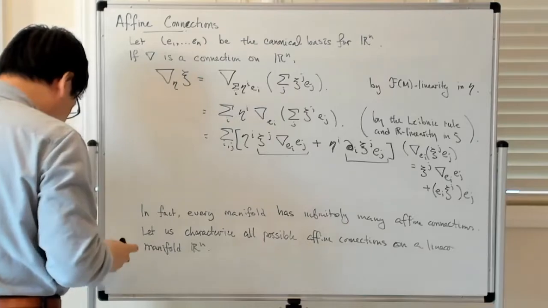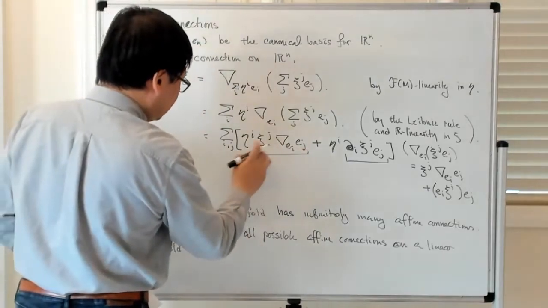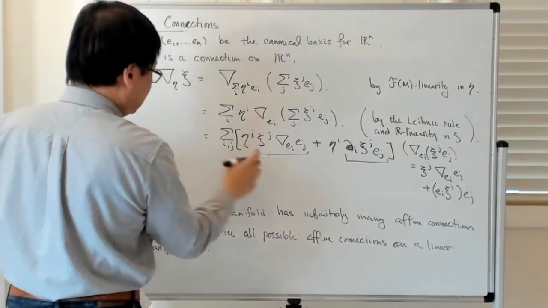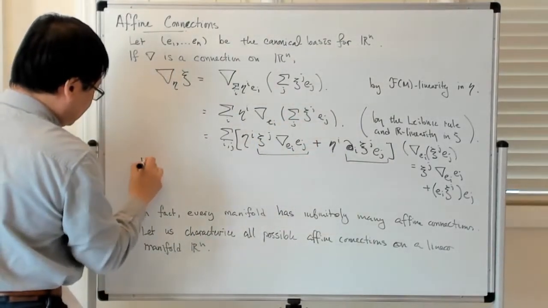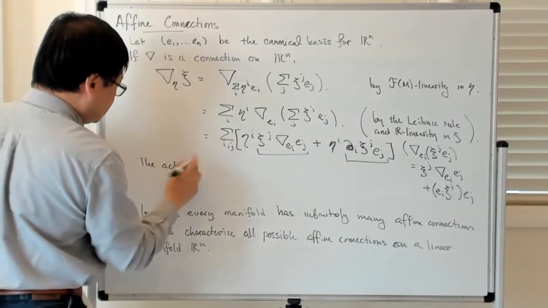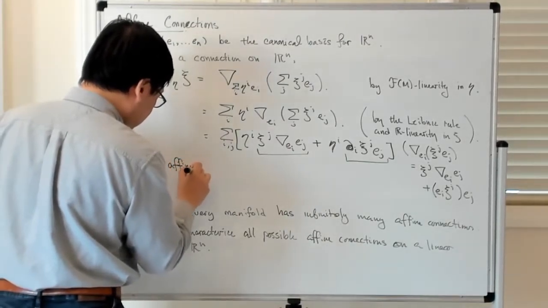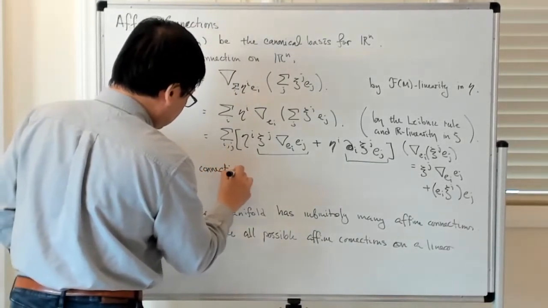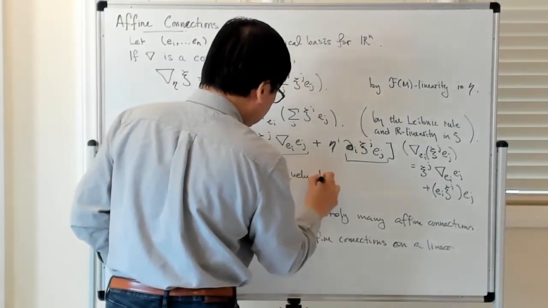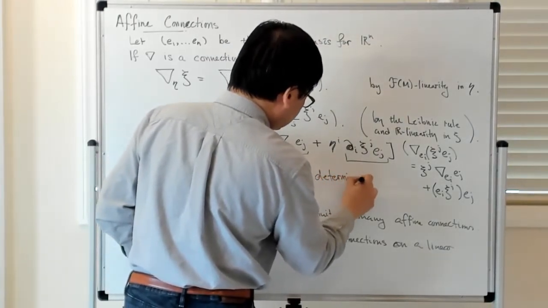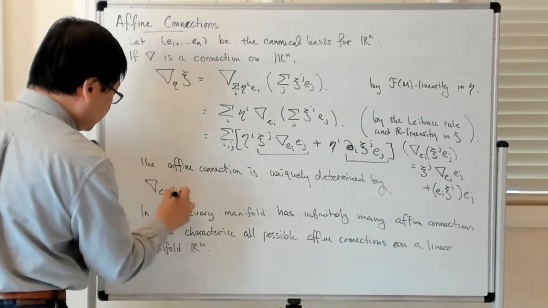What you have then is that the action of this affine connection is in some sense uniquely determined by this entry here. So the action of the affine connection is uniquely determined below e_i, e_j.